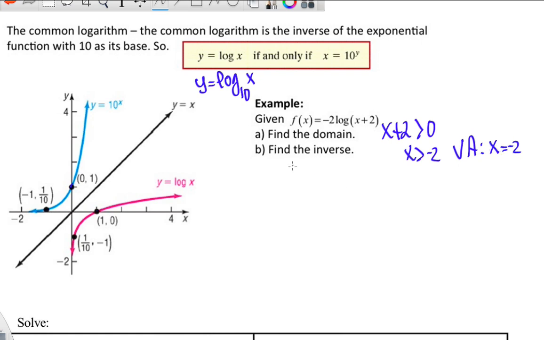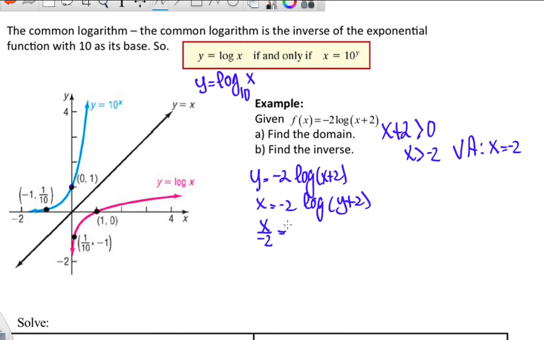Find the inverse. So maybe first start by writing this as a y. Then swap your x's and y's. So we need to divide over here, x divided by -2 is log of y plus 2.